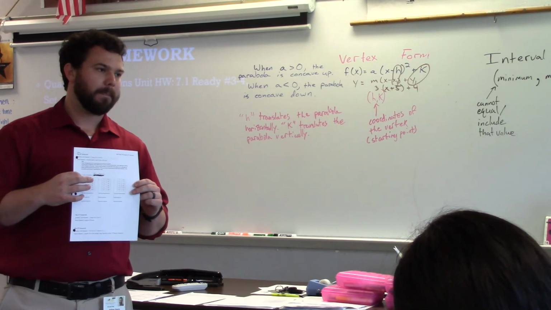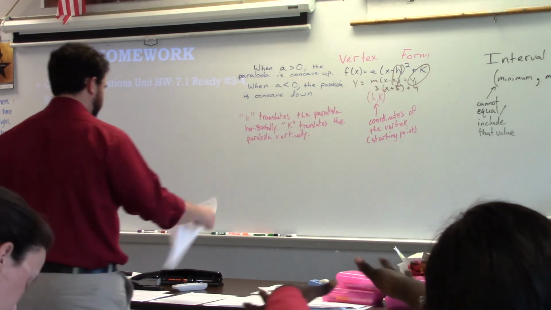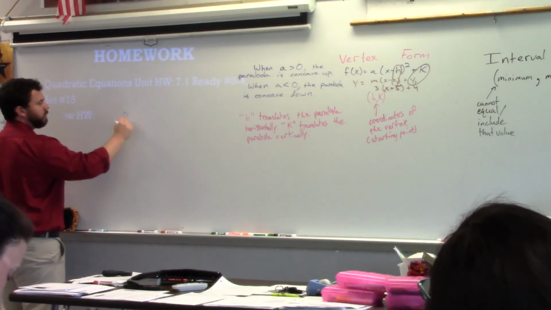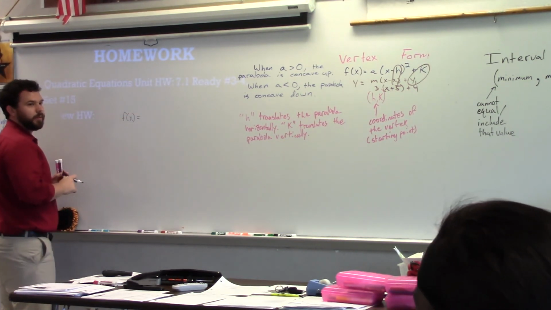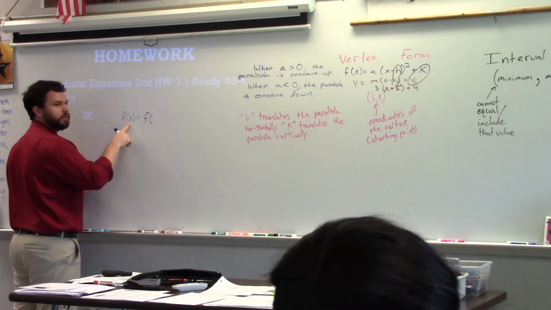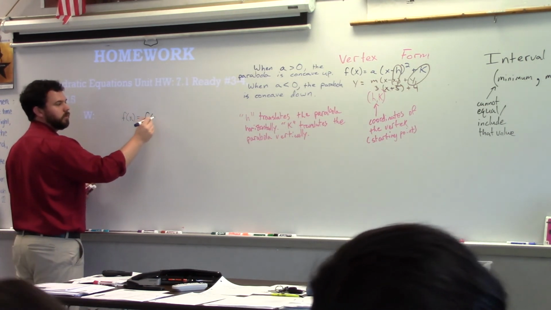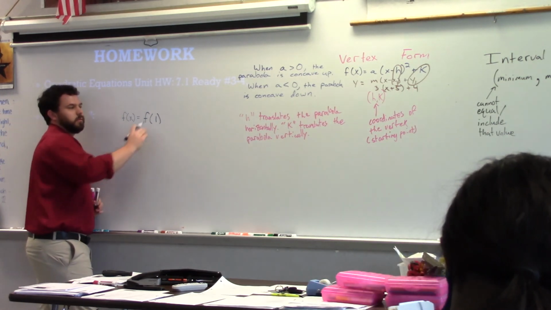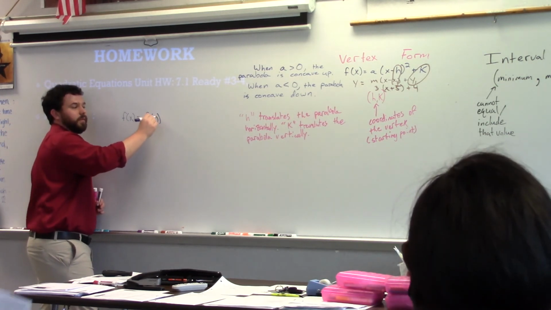Recursive, like f of x or something. So remember, the recursive connects the current to the previous, and how would I write the previous? F of x, f of 1, is 1 always going to be previous to x? F of 0 is always going to be previous to x?